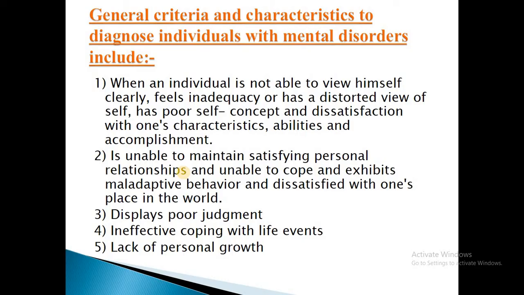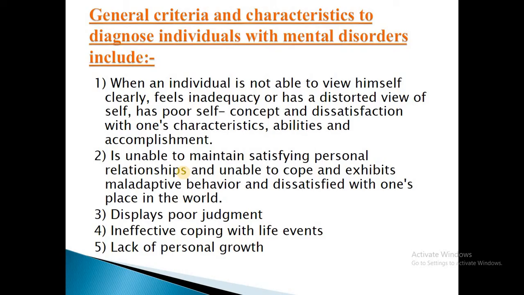Number 2, the person is unable to maintain satisfying personal relationships, unable to cope, exhibits maladaptive behavior, and is dissatisfied with one's place in the world. Number 3, displays poor judgment. He cannot give judgment in a situation or toward a certain problem or toward anyone, taking his opinion. So he displays poor judgment.